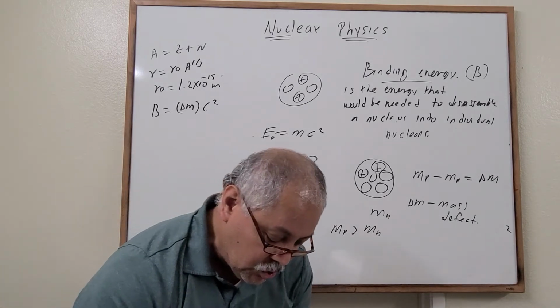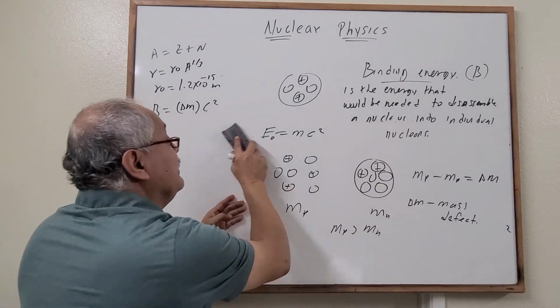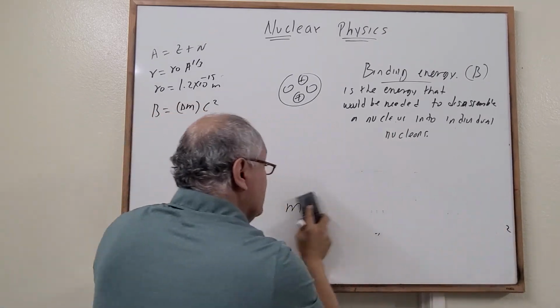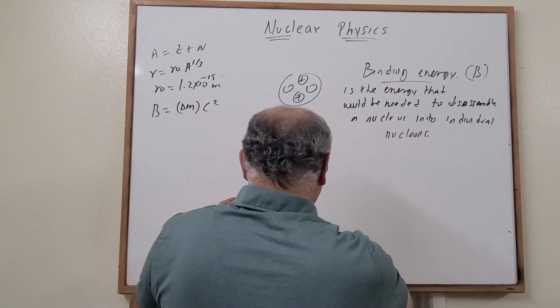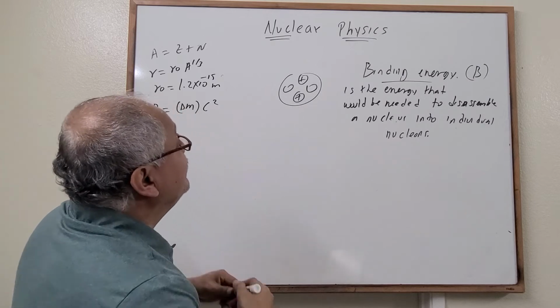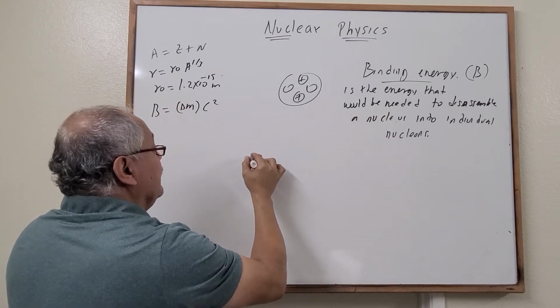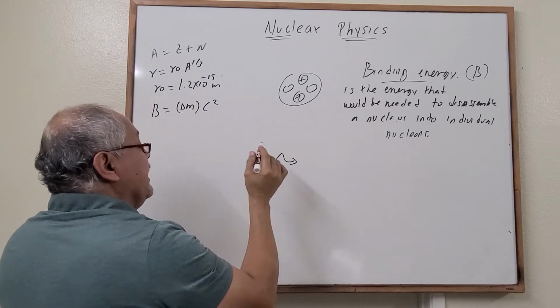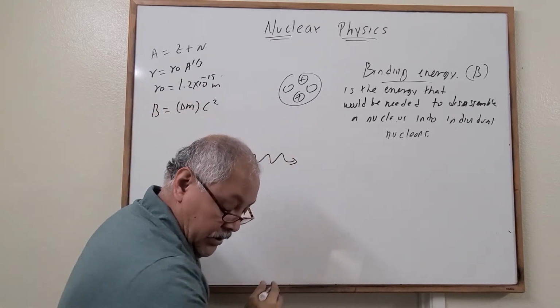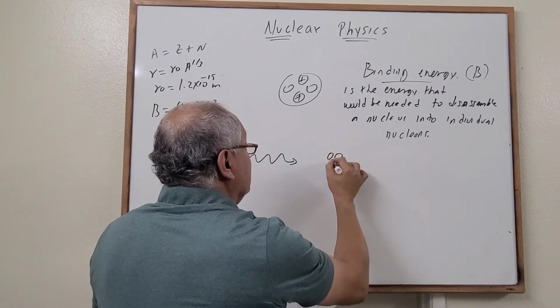Or also, let's go to the definition. We have that energy is needed to disassemble the nucleus. Imagine this is energy, and here we have the nucleus, the nucleons right here.